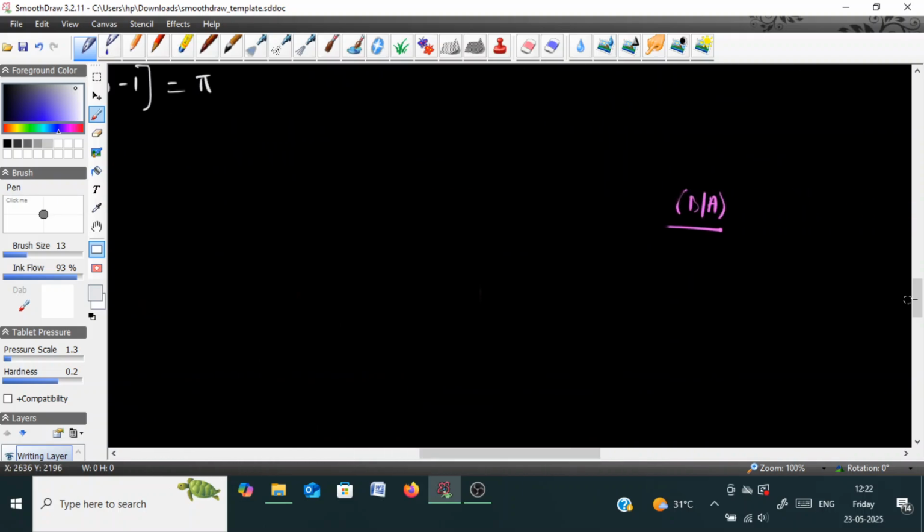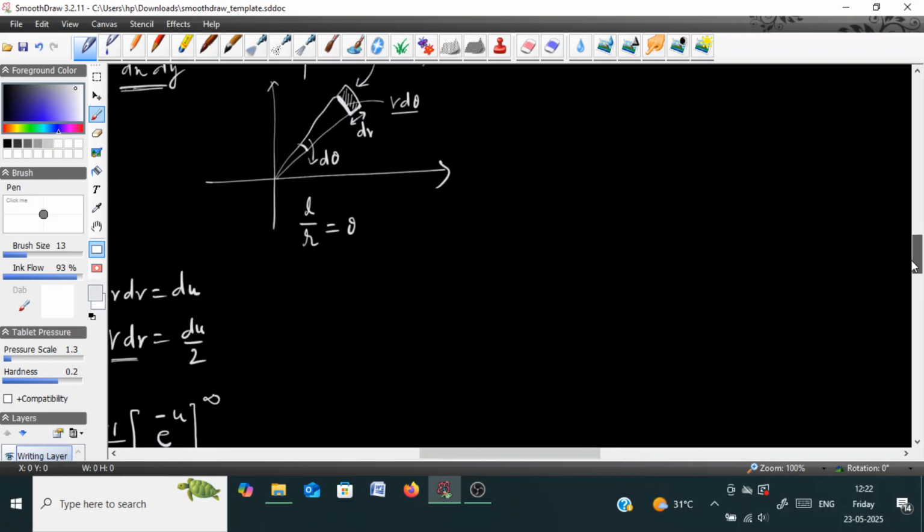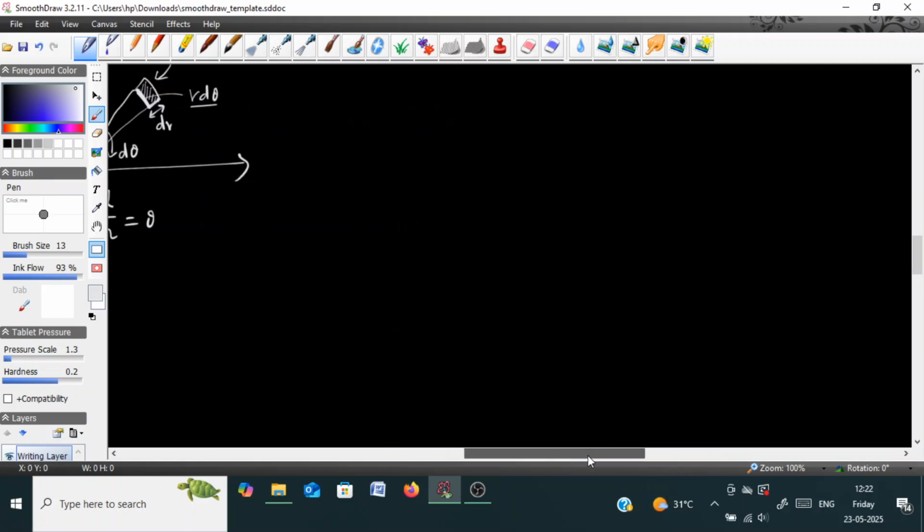The second thing that you can do is that you can find the mean and the variance of the random variable, which is more generalized. That means mean is m and the variance is sigma square.